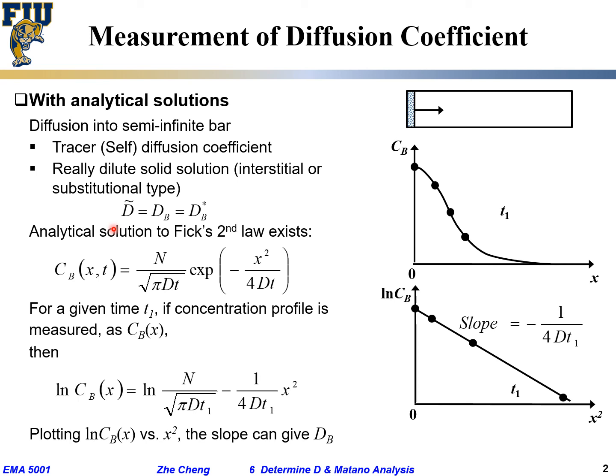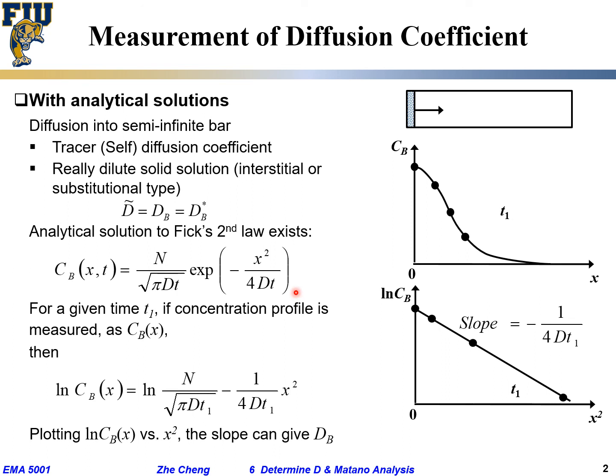Make sense? That will be the case if you have an ideal diffusion scenario: zero concentration in the beginning, a fixed amount at the surface, and zero far away from the interface. That will be the analytical solution.